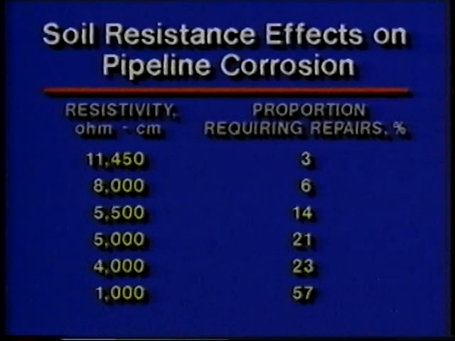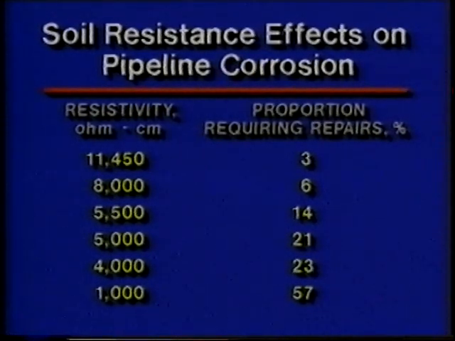So what we find is that when the resistivity is high, when the resistance to current flow is high, the top couple columns on the scale, if it's 8,000 ohm centimeters or 11,450 ohm centimeters, the degree of corrosion, the percentage of pipeline requiring repairs, is very small, 3 to 6%.